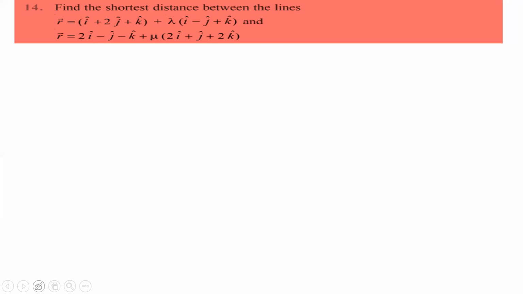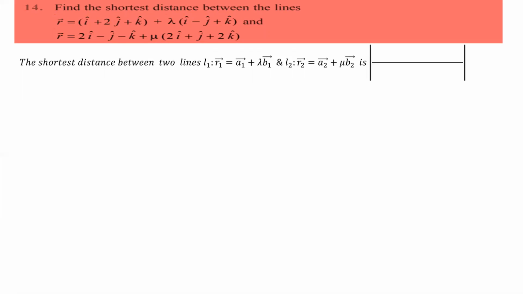First is I cap plus 2j cap plus k cap plus lambda into I cap minus j cap plus k cap, and the second equation is given in this form. So the vector form is given, so you can write down the formula for the shortest distance of the lines L1 and L2. The shortest distance is given by this formula.